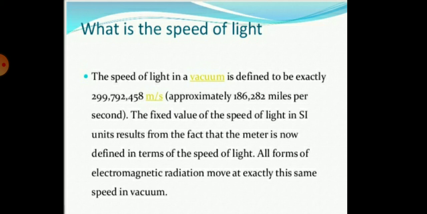So children, there are two types of bodies, luminous and non-luminous. All the bodies which emit light energy by themselves are called luminous objects. And those bodies which do not emit light energy on their own but reflect the light energy falling on them, and hence become visible, are called non-luminous bodies.